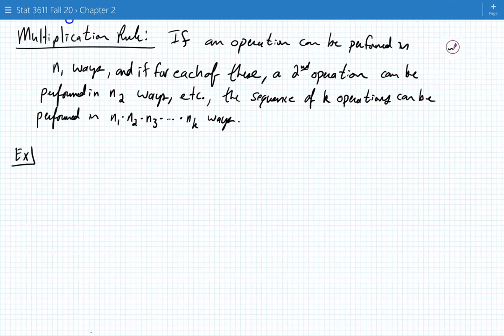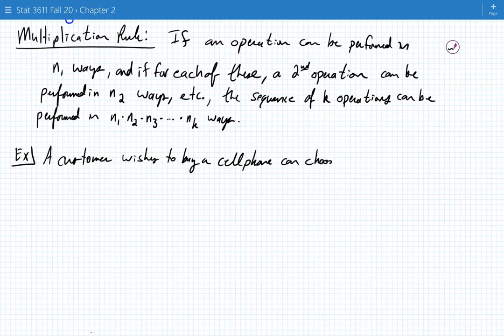All right. So let's look at a new fresh example with the multiplication rule in mind. Let's say a customer wishes to buy a cell phone, and they can choose from 5 brands, 5 bill plans, and 4 colors.